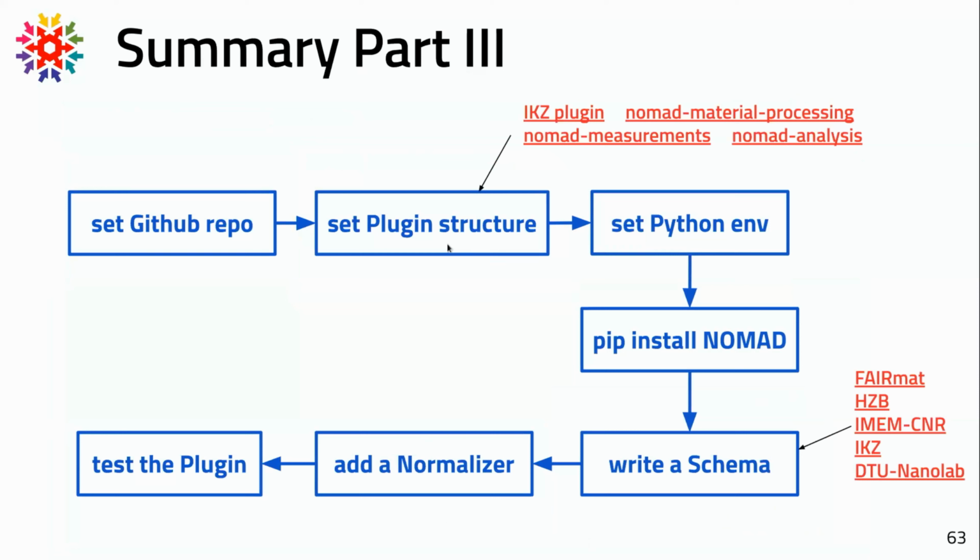And I will leave, for example, in this slide, some example plugin package structures. So there are the 3 repos that we already showed several times. And there is also this one plugin that we are all working on in our team, so it's a nice example to look at.